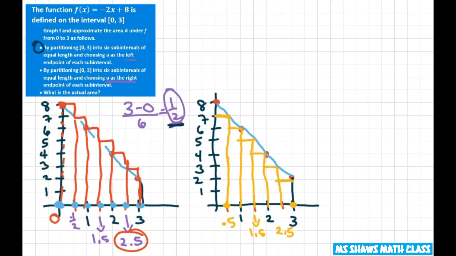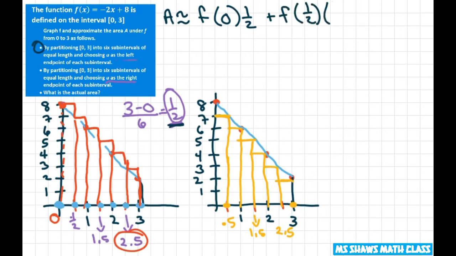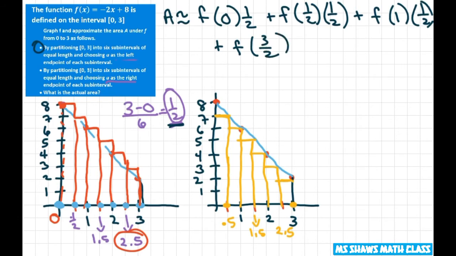So you're going to write this as, the area A is approximately f of 0, we started at 0, multiplied by your subinterval, just 1/2, plus f of 1/2 times 1/2, plus f of 1 times 1/2, plus f of 3/2 times 1/2, plus f of 2 times 1/2, plus f of 5/2 times 1/2.